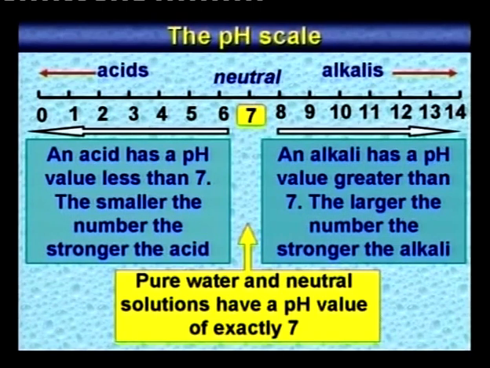If you have a solution that has a pH value of 9, then you know that it is an alkali and it is slightly strong.